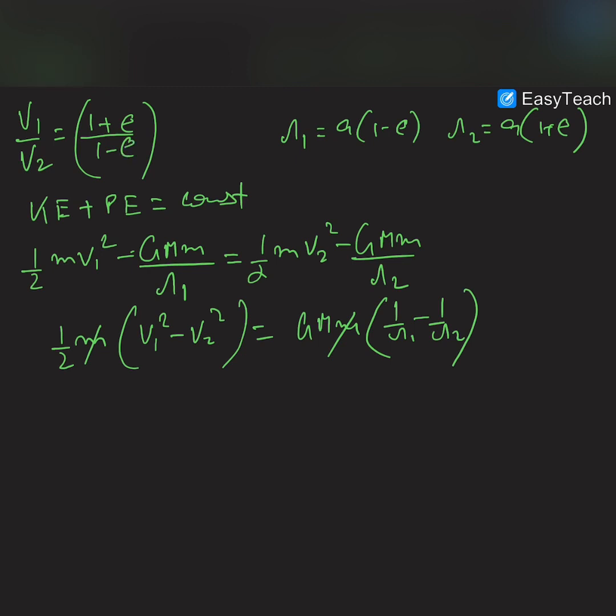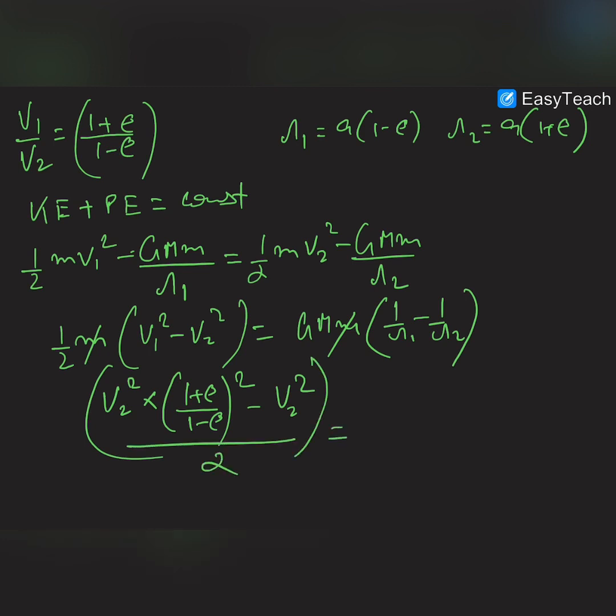So this is v2 square into 1 plus e upon 1 minus e whole square minus v2 square, divided by 2, is equal to GM into 1 by r1 minus 1 by r2. Now 1 by a is common, and it is 1 upon 1 minus e minus 1 upon 1 plus e.